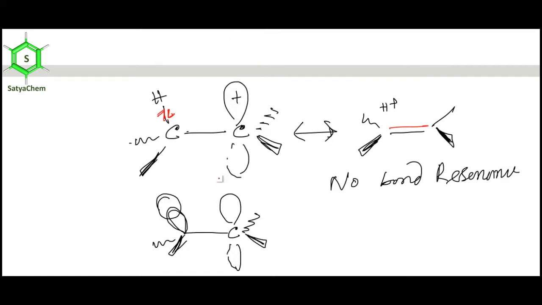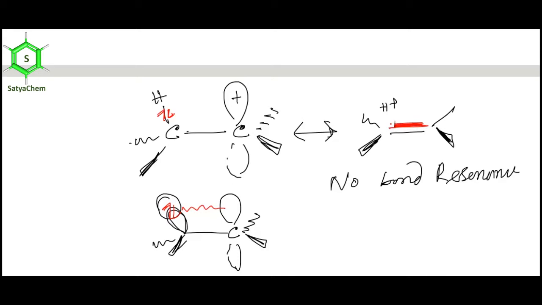Now it contains 2 electrons, this CH sigma bond. This CH sigma electron pair gets delocalized into this pi system. It forms this pi bond.